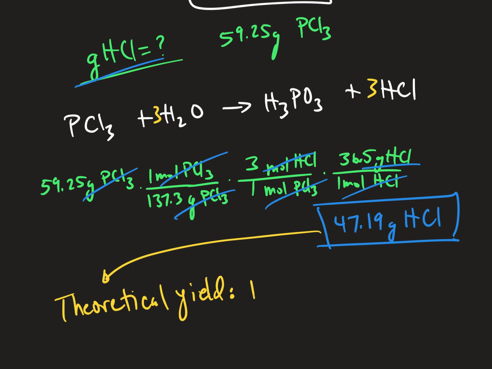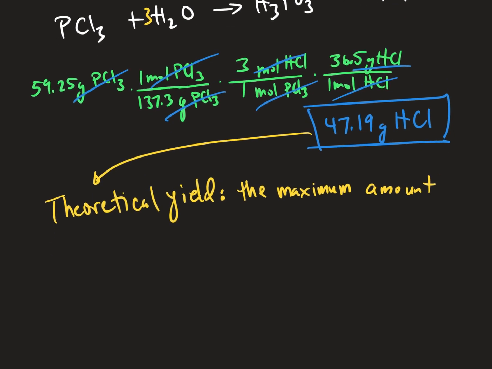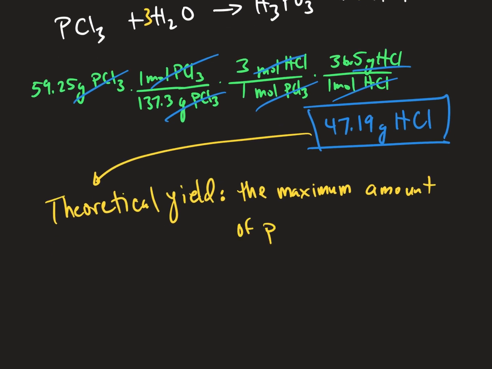So this is the maximum amount of product produced when we actually do this, right? Maximum amount we can get.